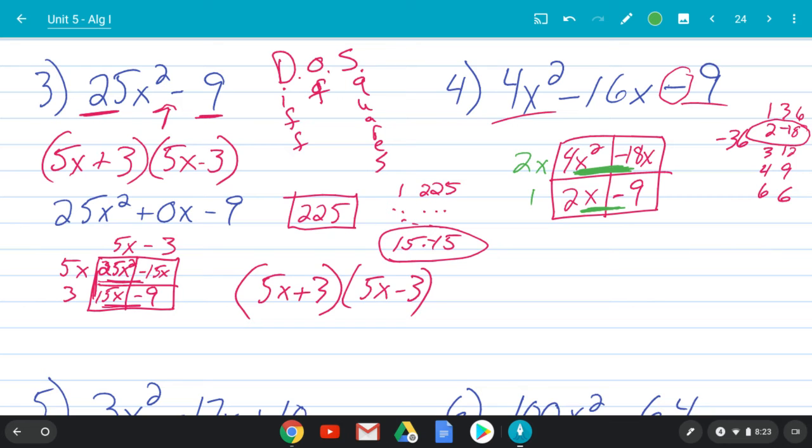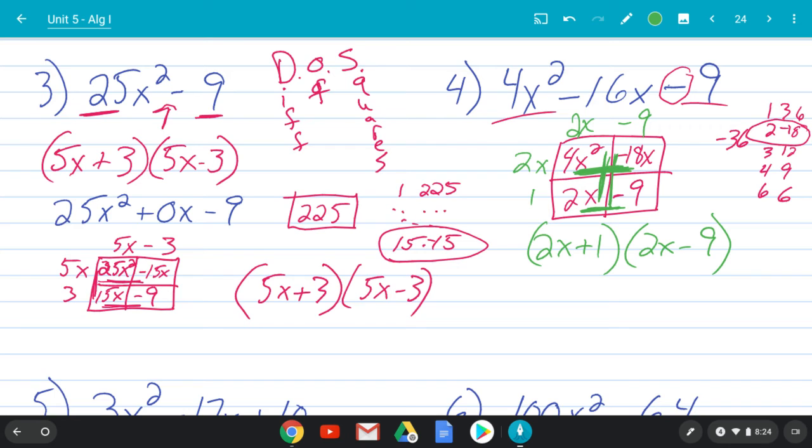What is the greatest common factor of 4x and 2x? 2x. What is the greatest common factor of negative 18 and negative 9? Negative 9. So my solution is 2x plus 1 times 2x minus 9.